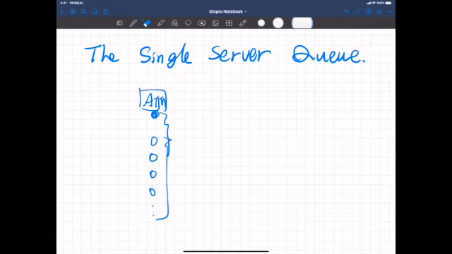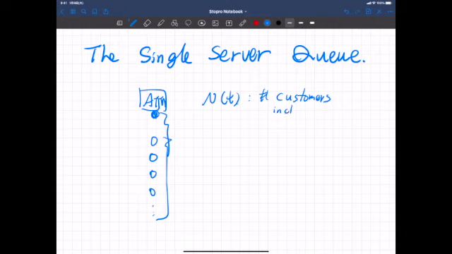We model this number by the random variable n of t.